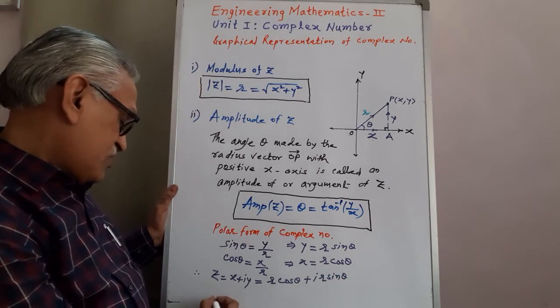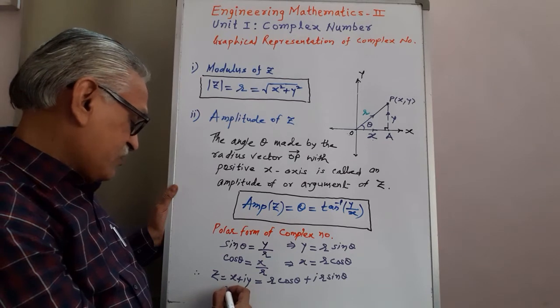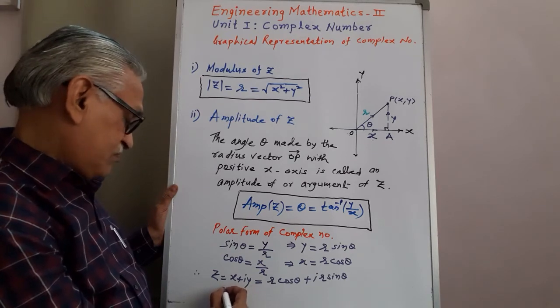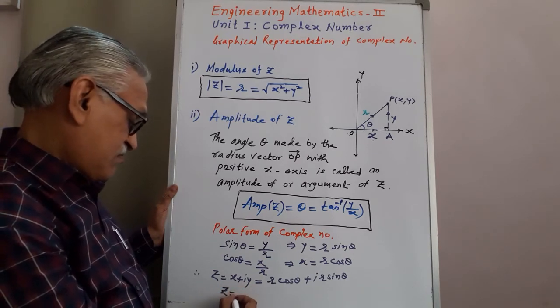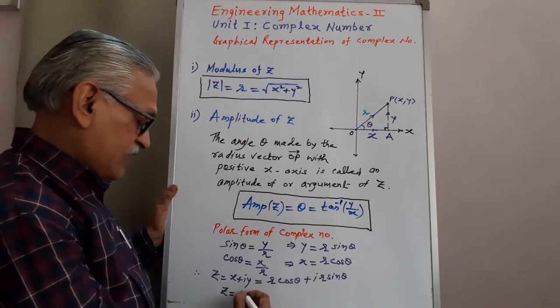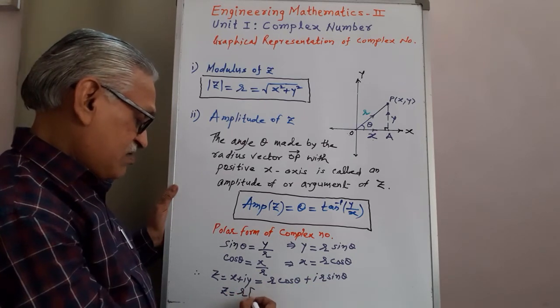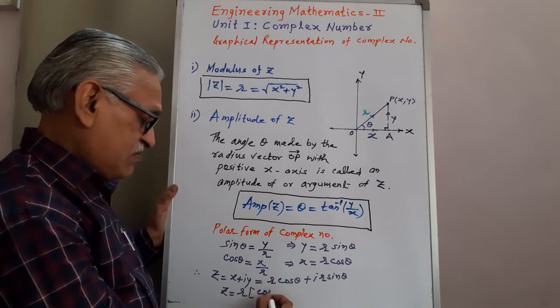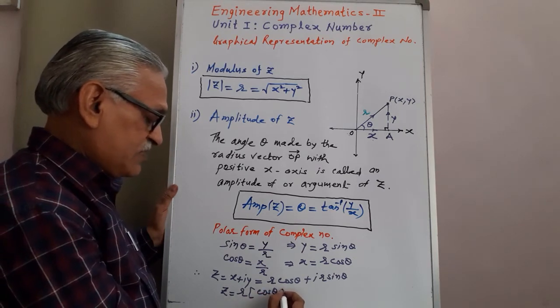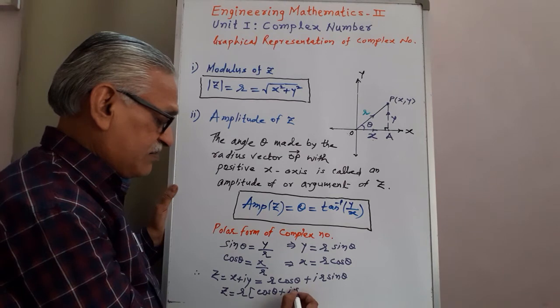And therefore we get z is equal to, from these two terms I can take r common, r times cos theta plus i sin theta.